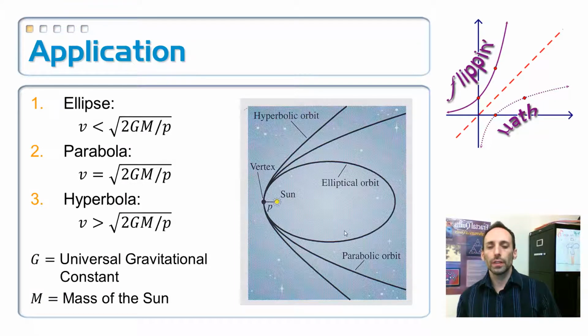And then finally, if the velocity is a little bit more than that quantity, then not only does it escape, but its trajectory is a hyperbola. And of course, in both case number 2 and 3, the hyperbola and the parabola, we'd never see those things again because, well, that's the shape of the graph, right? So that's a very interesting application, a nice way to tie all of those conic sections together.